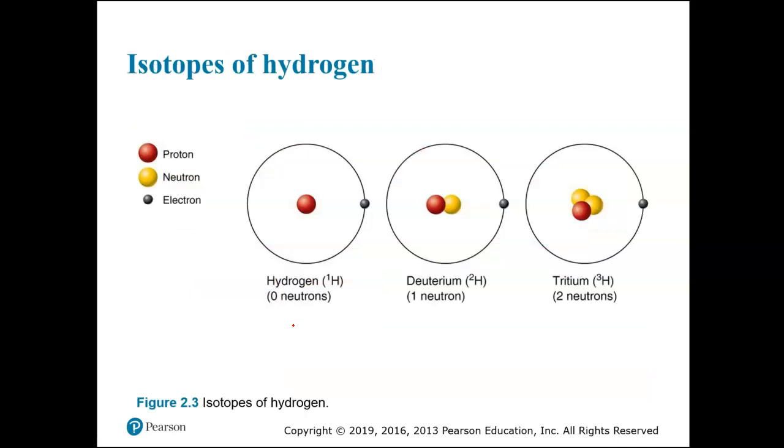So the isotopes of hydrogen are hydrogen 1, which has 0 neutrons, hydrogen 2, and hydrogen 3. That number stands for the mass number. Hydrogen 2 is also known as deuterium, and it has 1 proton and 1 neutron, so the mass number is 2. Tritium, also known as hydrogen 3, still has 1 proton but 2 neutrons.